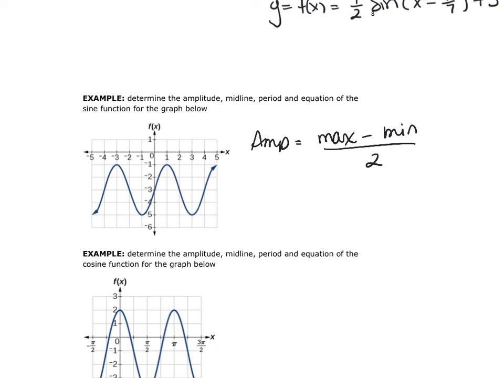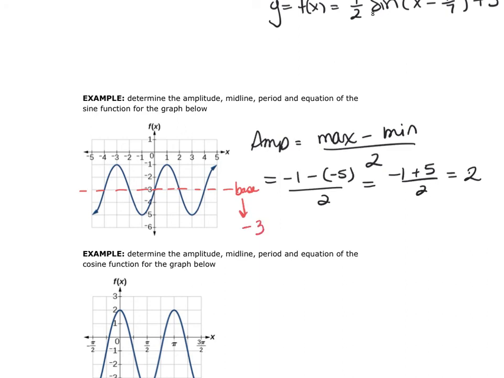So in this case, my max is -1, and then I'm going to subtract off my min, -5, divided by 2. So my amplitude is -1 plus 5 divided by 2, which is an amplitude of 2. So from my max or min, I go a distance of 2. So here's my baseline. That baseline tells me that I need to do a -3 to the outside of my sine wave.